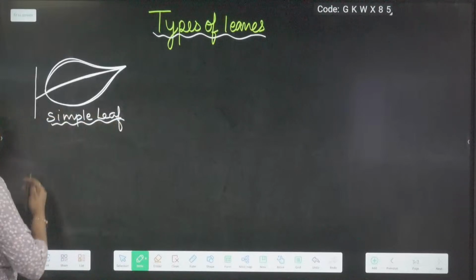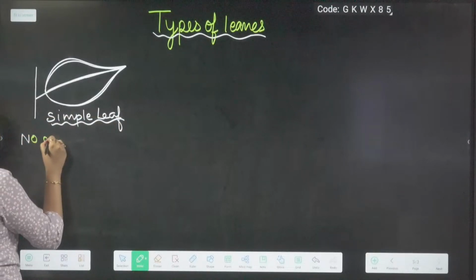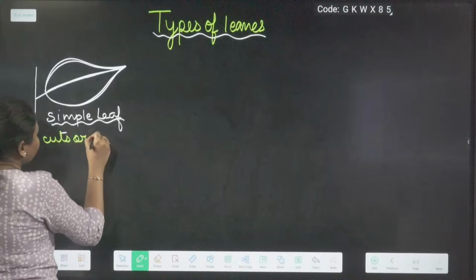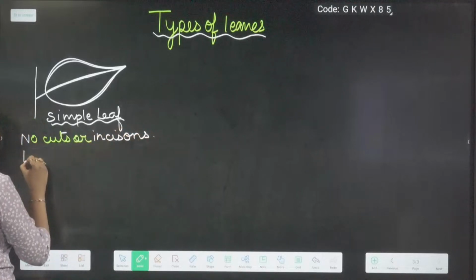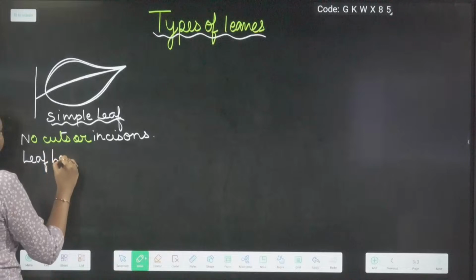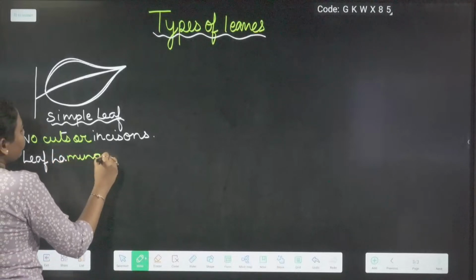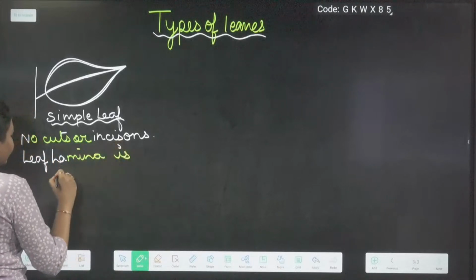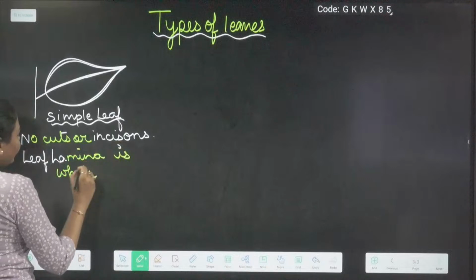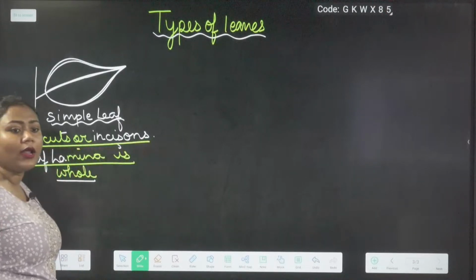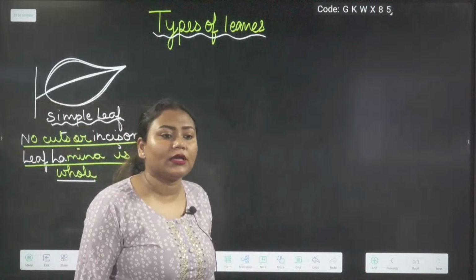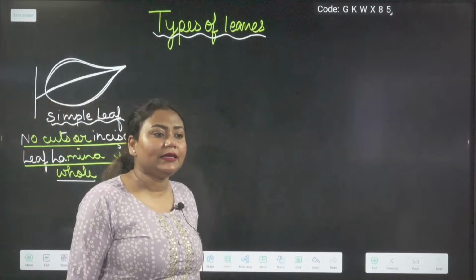What is a simple leaf? There will be no cuts or incisions. The leaf lamina is whole. Am I clear? Yes or no?